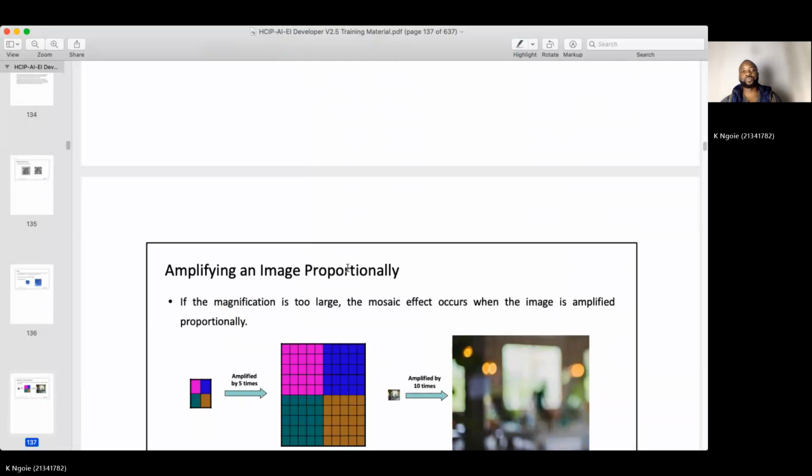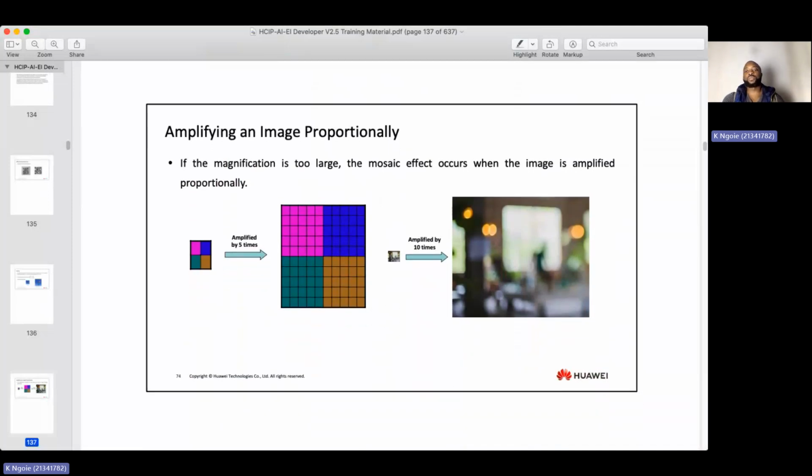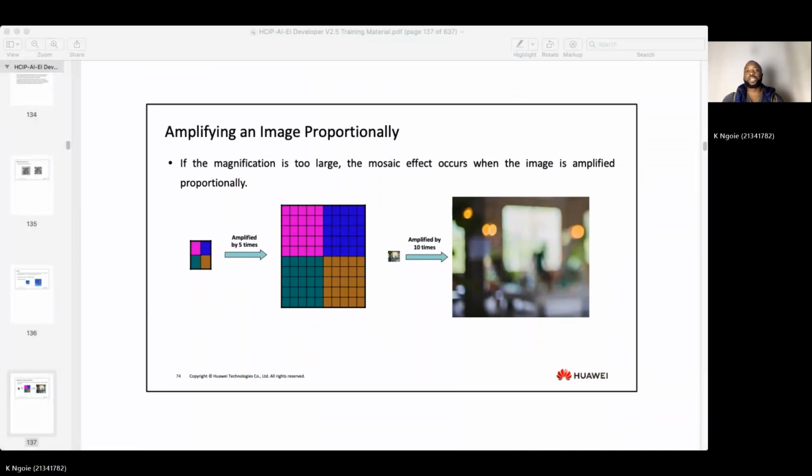Okay. Right. And then we can look at amplifying an image proportionally. When we talk about amplifying an image proportionally, what we mean is how we can transform the image in a certain uniform scaling.